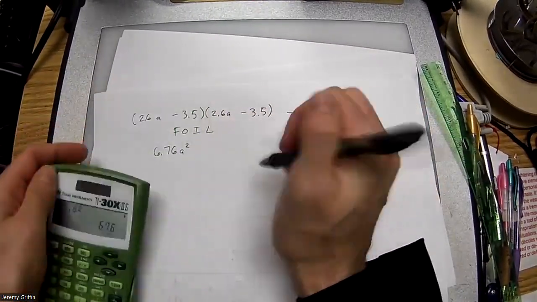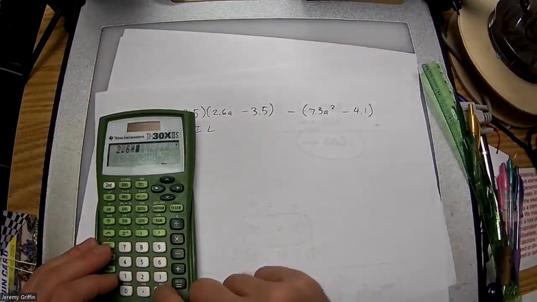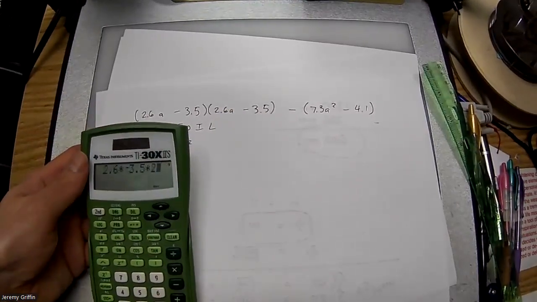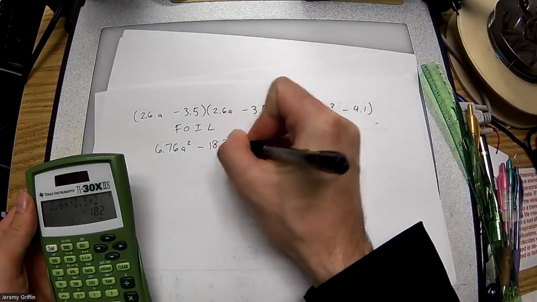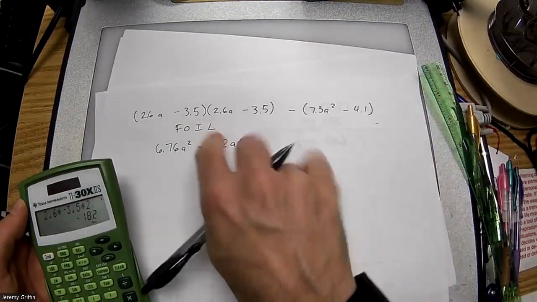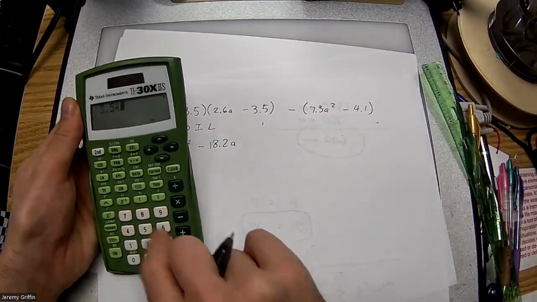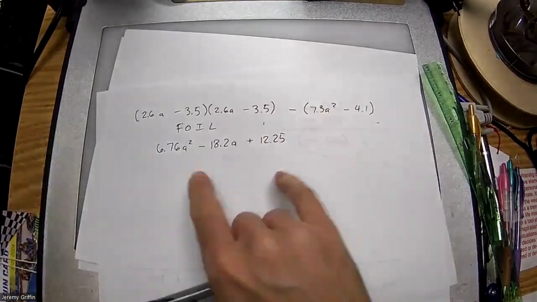Then outside, inside, 2.6 times negative 3.5, and then the inside is identical, so times 2. I'm going negative 18.2a, and negative 3.5 times negative 3.5, the negative goes away. That's plus 12.25. You guys got okay so far?